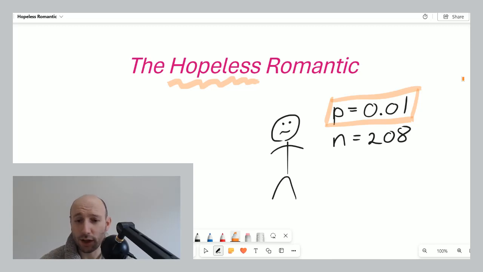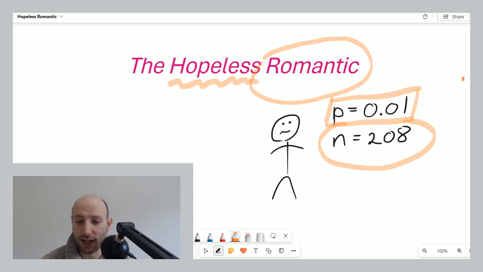Now, not only are they hopeless, they are also a romantic, which means they just believe in love and they keep going out into the world and trying. So we're going to say that in 1 year, they go out 208 times.